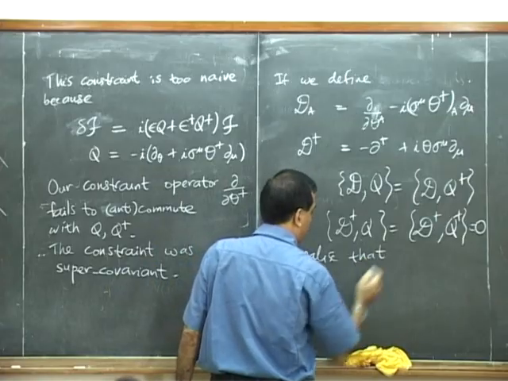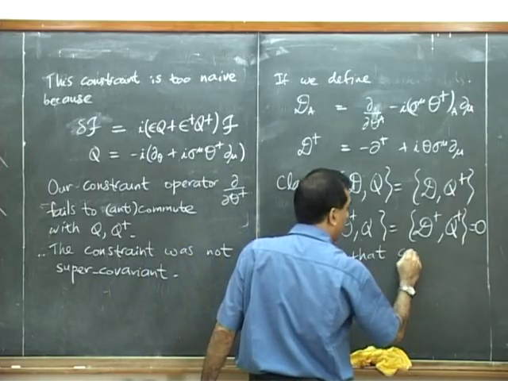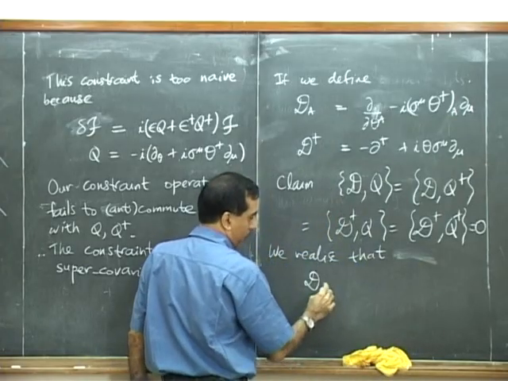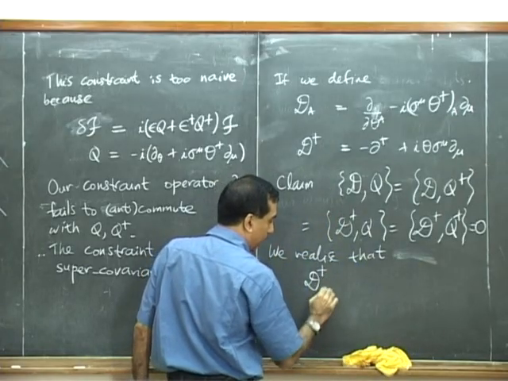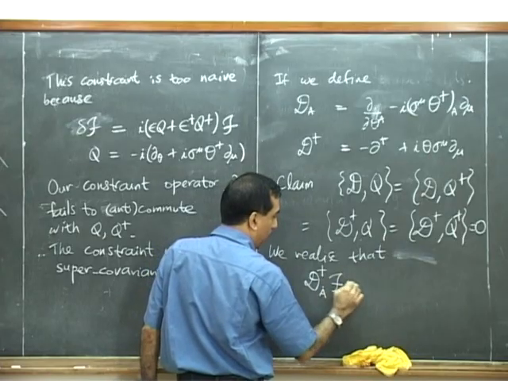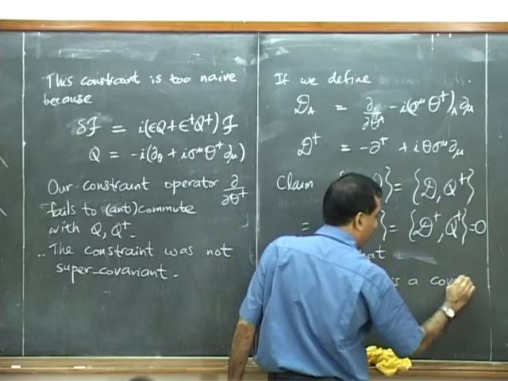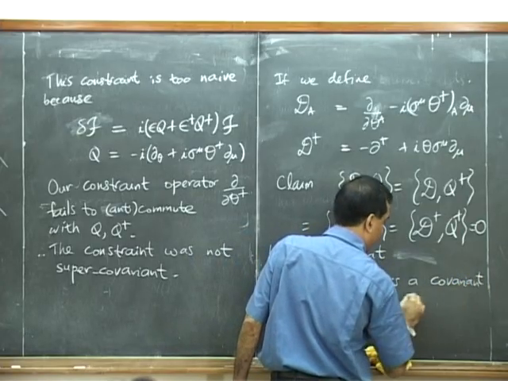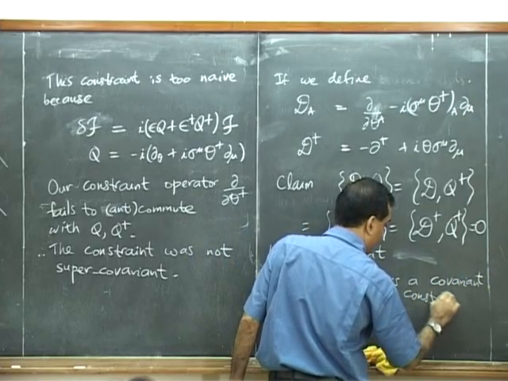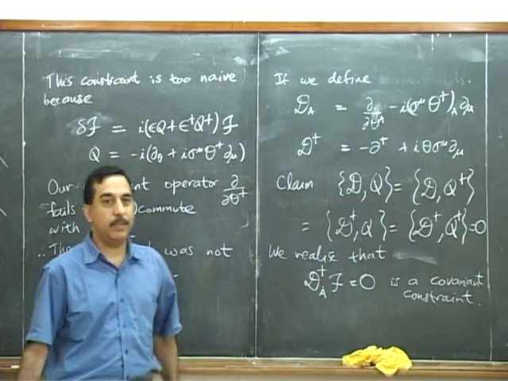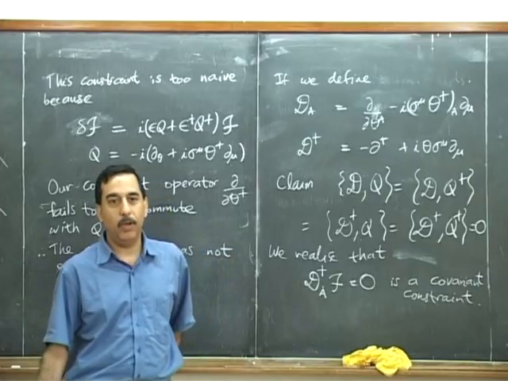Okay. So having done this, we realize that constraining a superfield, let's say D dagger A dot on F equals 0, is a covariant constraint. What's less clear is whether this will also help us cut down the degrees of freedom the way we want.